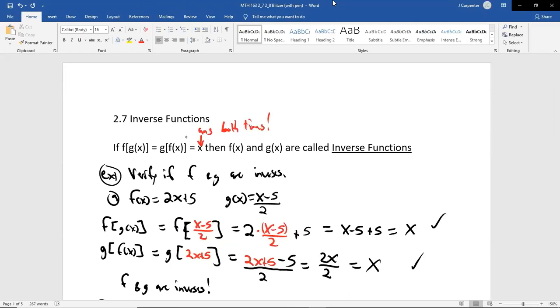You have a positive 3 and a negative 3 and they cancel. Or a 3 divided by 3 and they cancel. Or a square root of 3 squared, and the square root and square cancel. So when you do an f of g, if they're inverses, it's like they cancel, but the answer is x. Now, under addition and subtraction, we say the answer is 0 when they cancel.